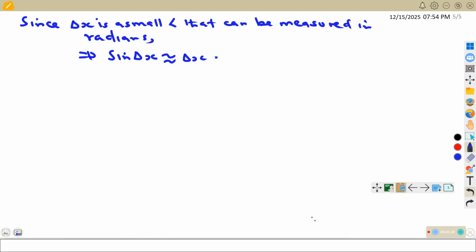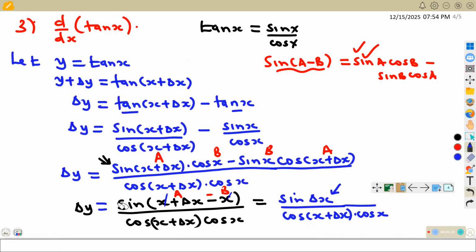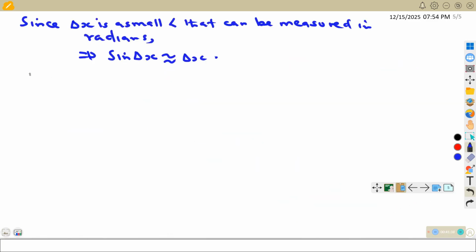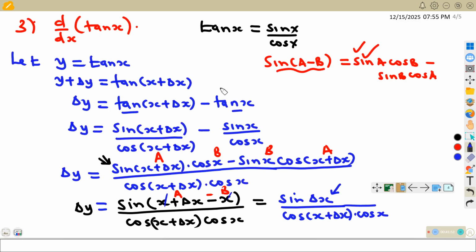For that case, our expression will now become delta y equal to delta x divided by cos of x plus delta x, then times cos of x, where there was a sine of delta x.